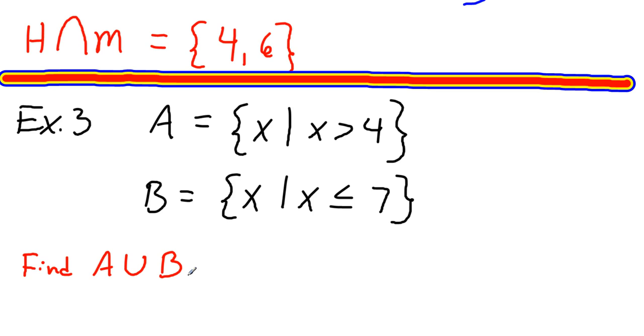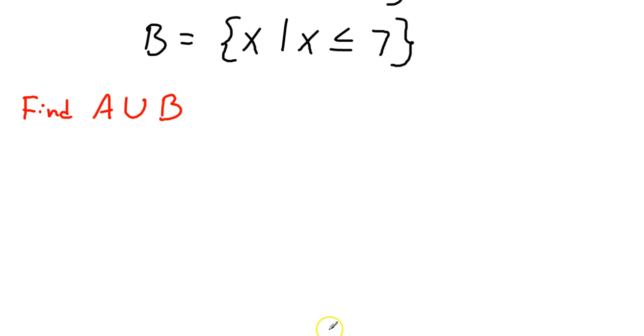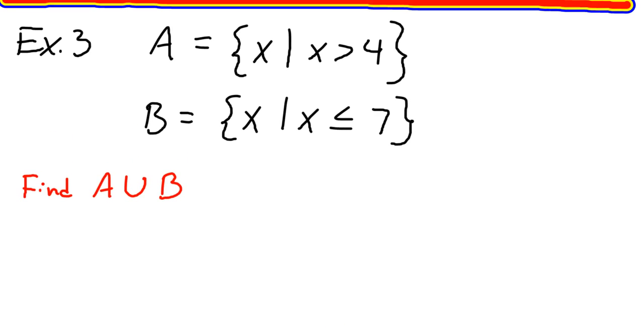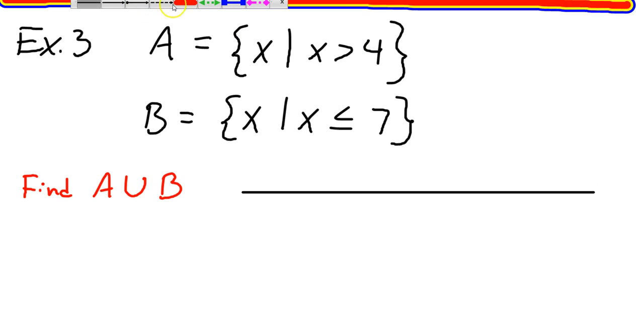Now, here's where they're going to make you kind of tie this back into a graph. So what you want to do is go back almost to like a number line kind of thing. You've got 4 and 7. So here's 4 and here's 7.